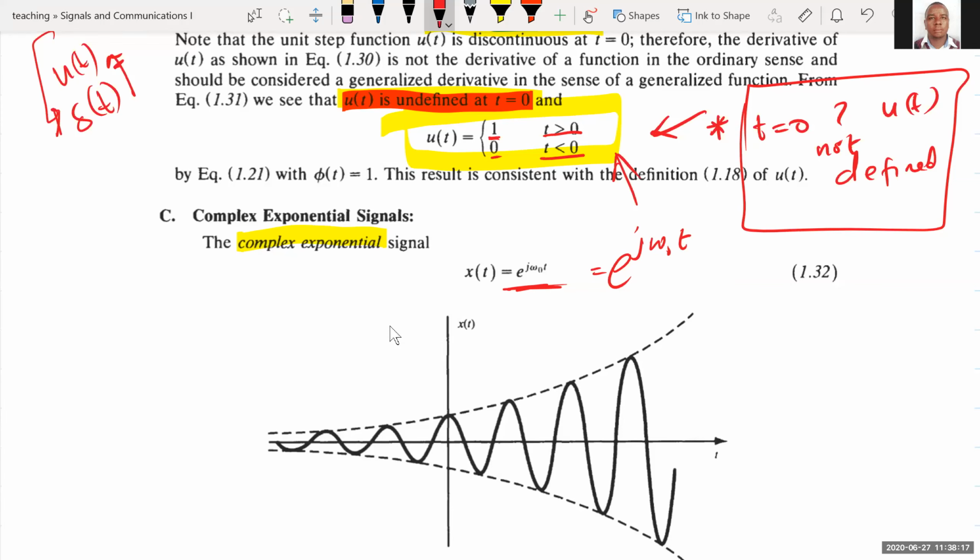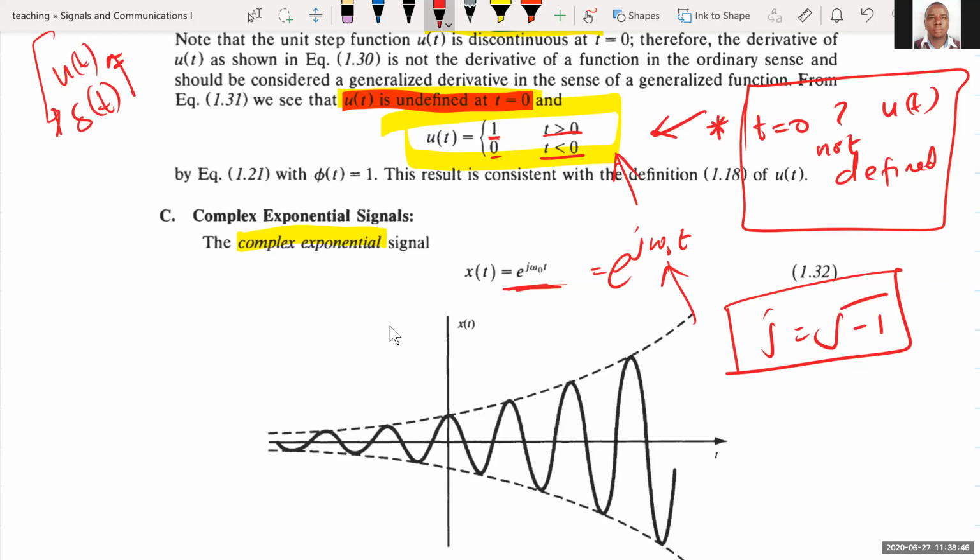Of course, omega naught is the radian frequency, time is the variable, and j is the complex number, defined as the square root of -1. So this is how we can express the complex exponential signal.